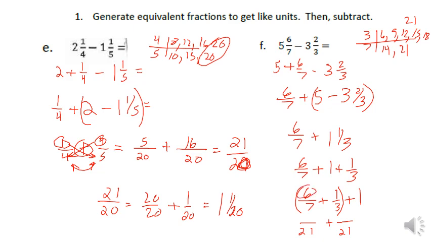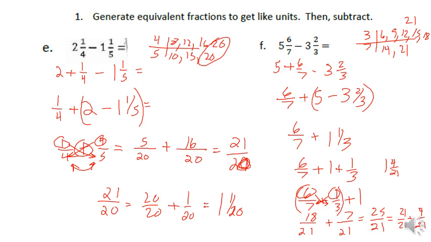Now we got 6 times 3, which is 18. And I have 1 times 7, which is 7, which equals 25/21, which equals 21 21sts plus 4 21sts. So now we know that's 1 and 4 21sts.